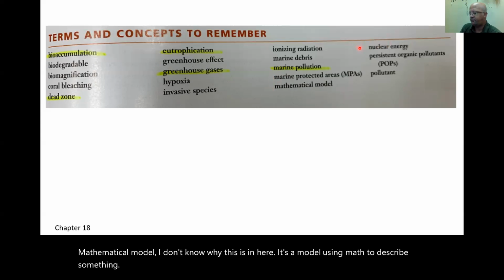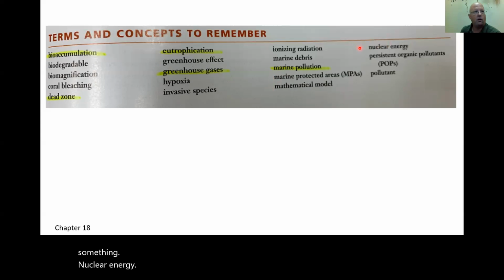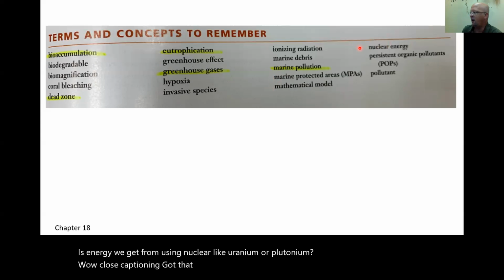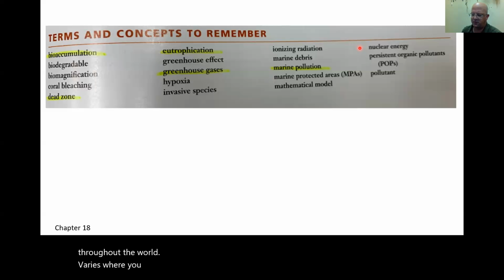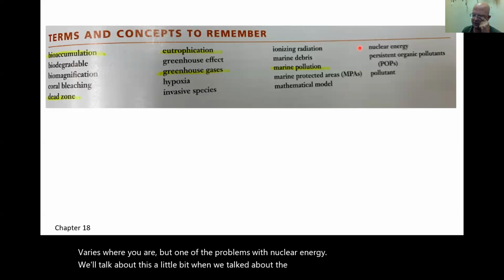Nuclear energy is energy we get from using nuclear, like uranium or plutonium. Wow, closed captioning got that right. Impressive. Nuclear energy is really common throughout the world. It varies where you are, but one of the problems with nuclear energy, we'll talk about this a little bit when we talk about Fukushima.